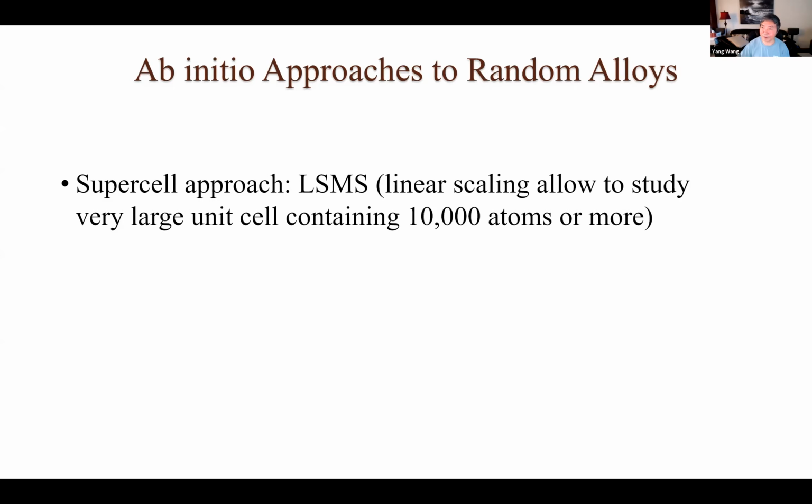It's not like some other methods that are only linear scaling up to a certain number of atoms; when the number of atoms is larger, they are not linear scaling anymore. But this is really linear scaling. So we have the LSMS method. We can do a supercell approach to study random alloys. All you have to do is generate random structures and do the calculation by brute force.